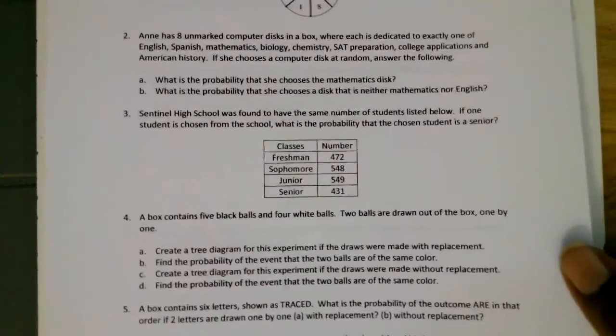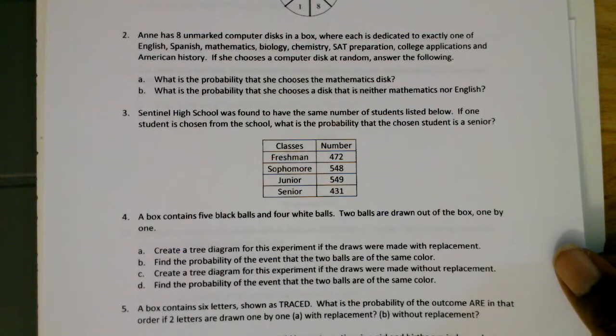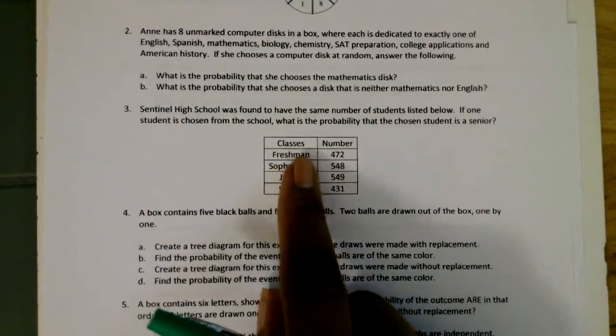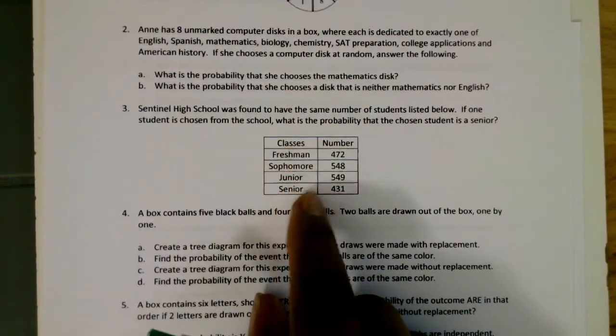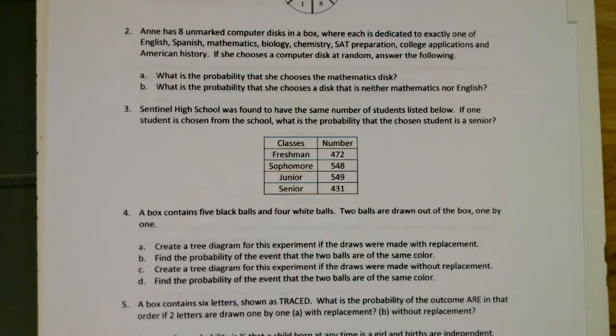All right, problem number 3. Sentinel High School was found to have the number of students listed below. If one student is chosen from the school, what is the probability that the chosen student is a senior? If we look at this table, the number of seniors is 431.